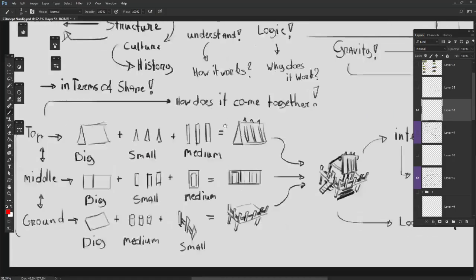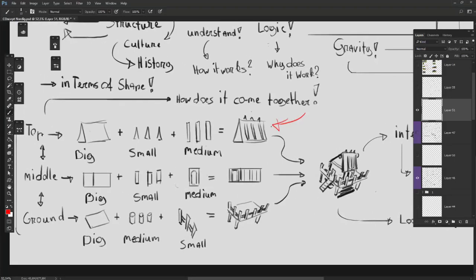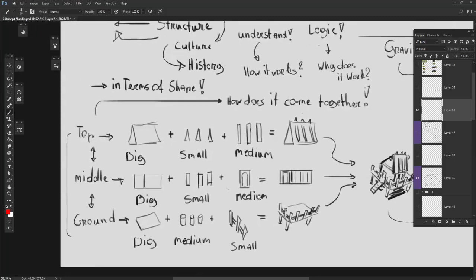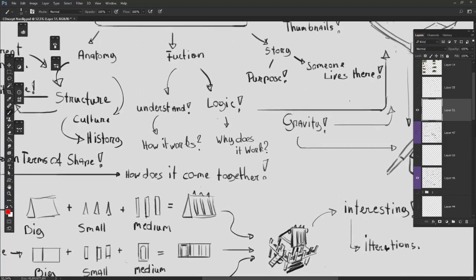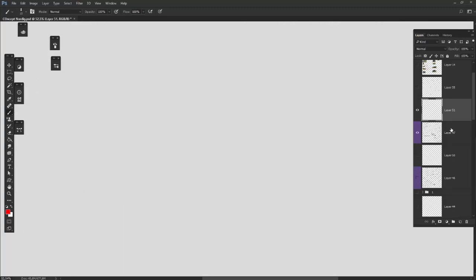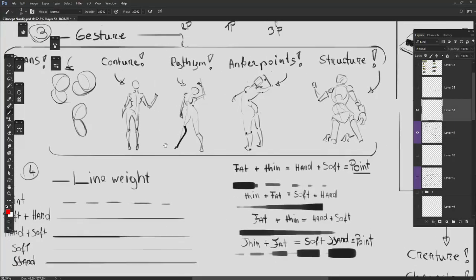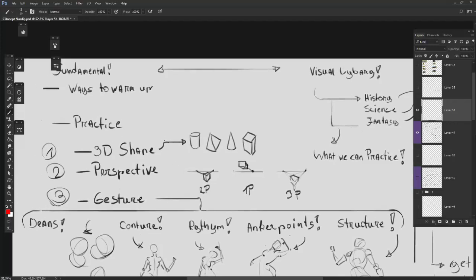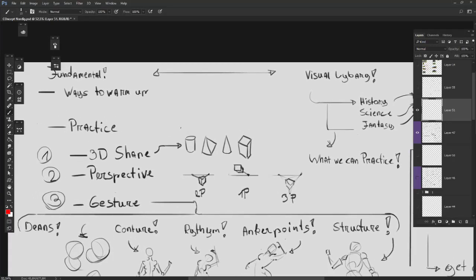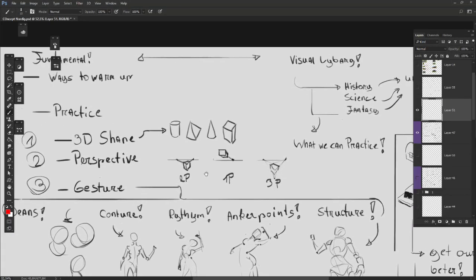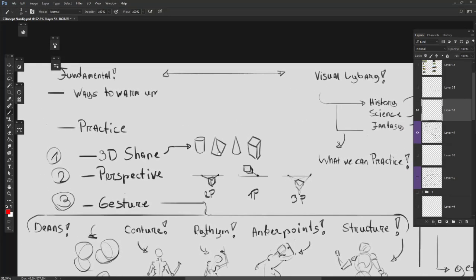It's really important to have a much more groundbreaking grasp of those things, where you think automatically about those shapes immediately after you have your reference ready. So in order to do that, we need to warm ourselves up and practice those things.